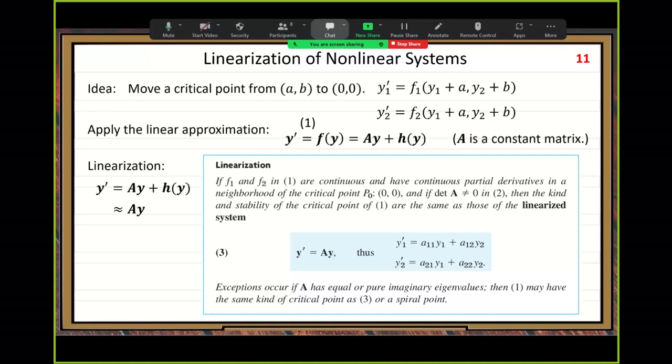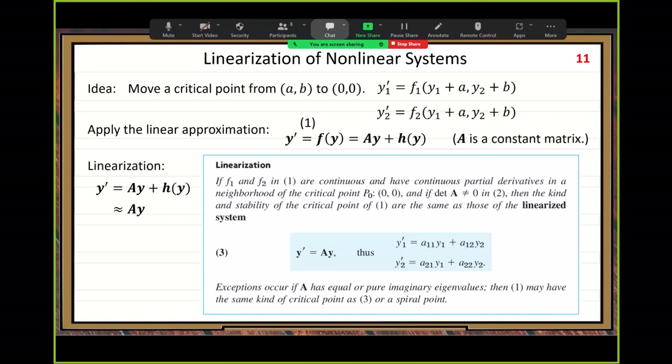After we do linearization, we do not change the type, unless it is a spiral point. If it is not a spiral point, then it is the same type. If it is a spiral point, then it may not be the same.